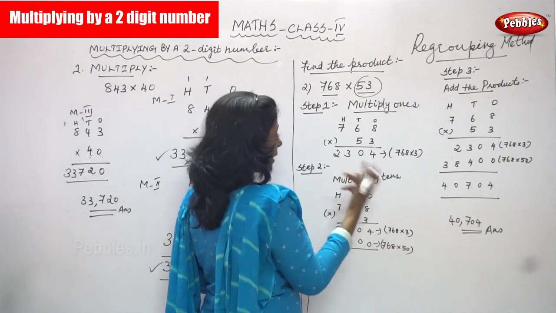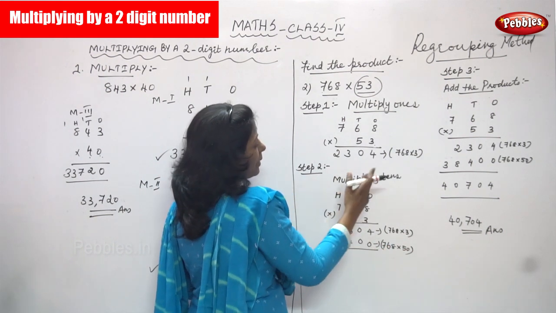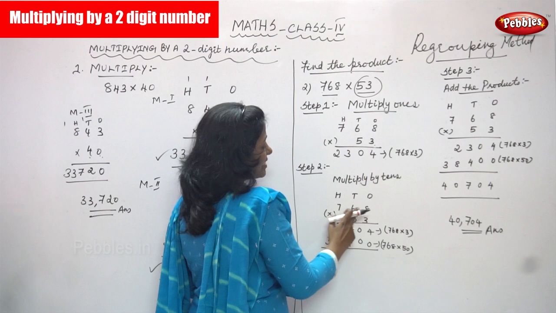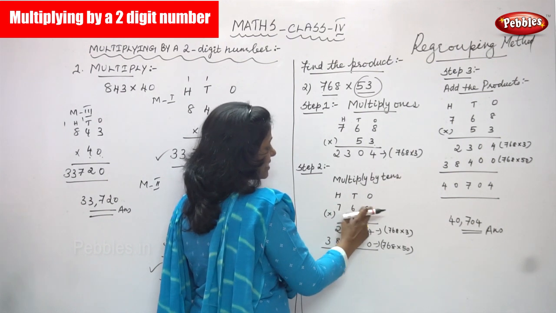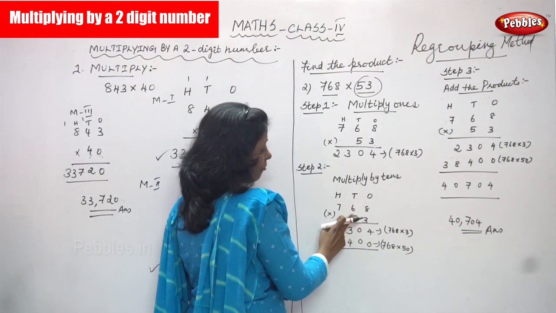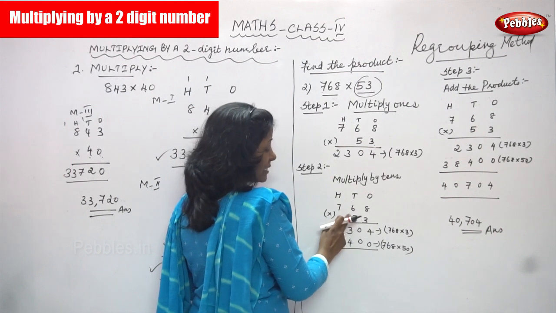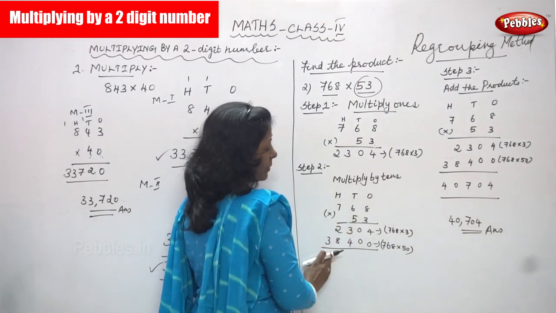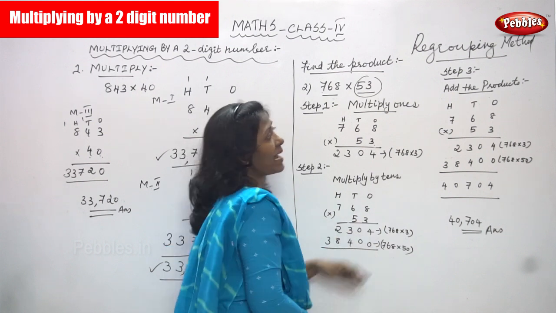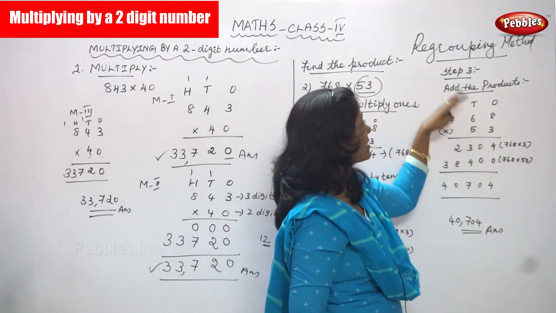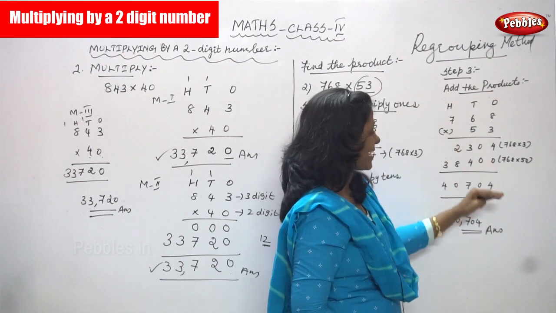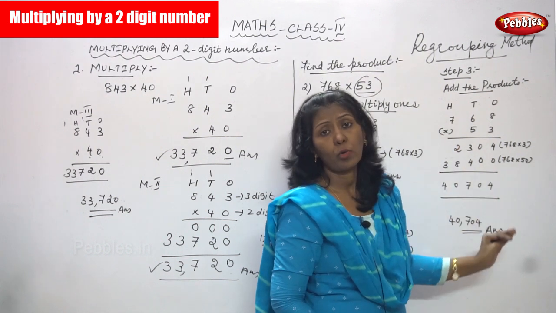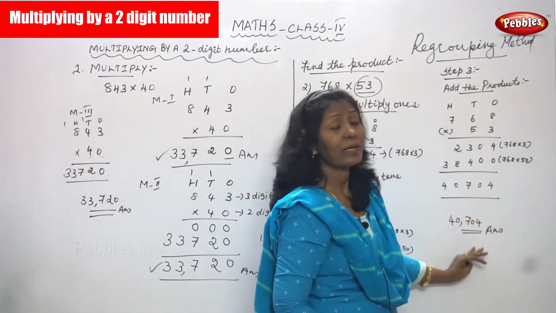Step 2, multiply by tens: 768 is multiplied by 5, the tens place value. And finally add the products. That is step 3. Then you add everything and you get the answer.